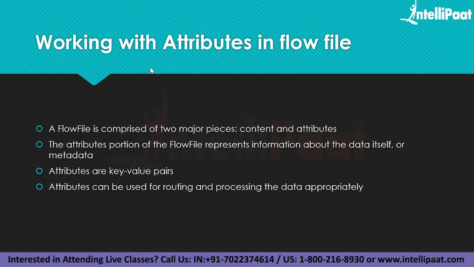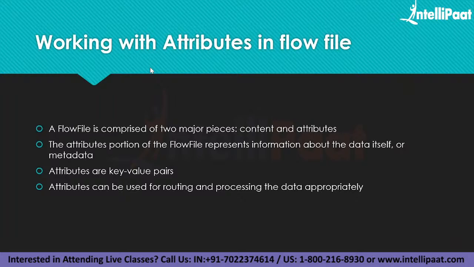Attributes can come in really handy here. How? Because attributes will give you information about the data. The data here is the content of the JSON file or the CSV file. But what would be the attribute? The file name, because each one of these files, whether it's a CSV file or a JSON file, will have a name associated with it. And since we are talking about attributes, file name is one of the attributes. So with my flow file, I will have the name also associated with it.